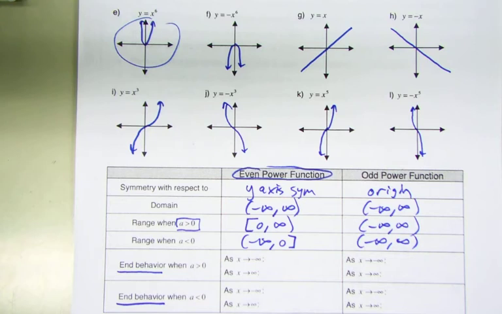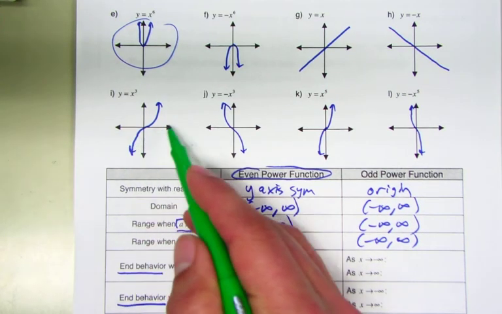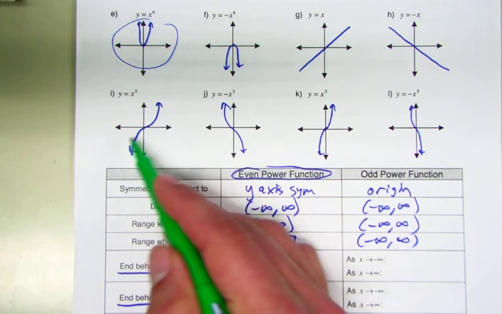All right, now let's talk about end behavior. So here's how we're going to read this. As x goes to negative infinity, as x approaches negative infinity, here's what you do visually on the graph. Your x-axis is from left to right, correct?